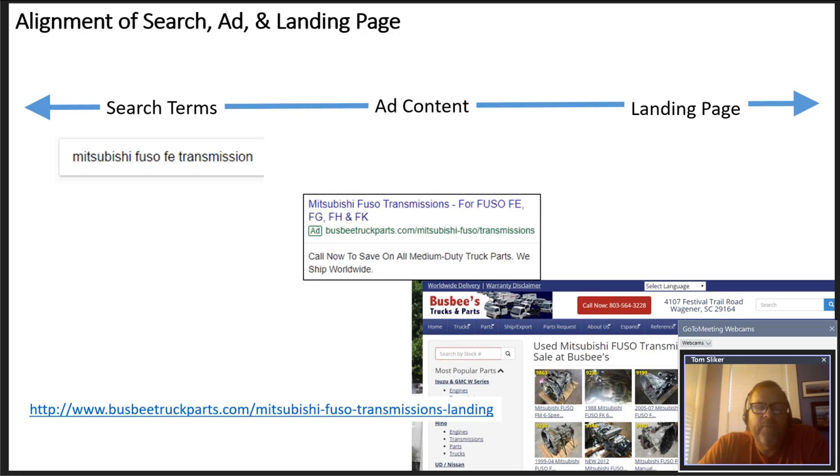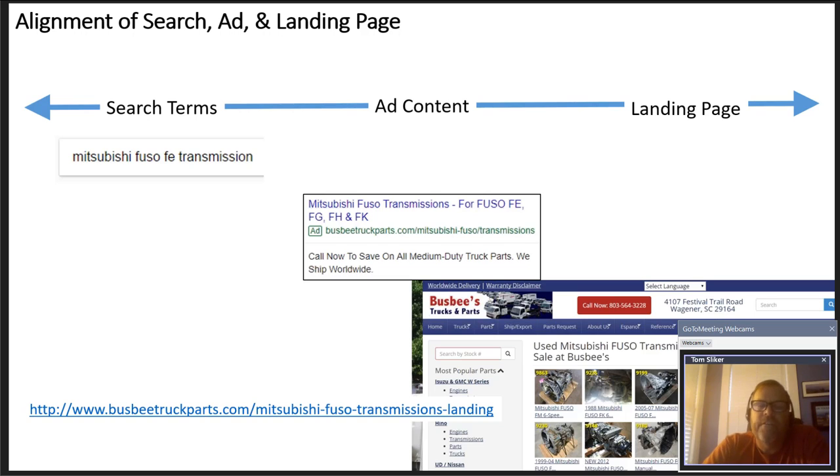So we've got pretty much all of the words from this search showing up in our title. And that's really good. Also, if you look at our URL, it goes to Mitsubishi Fuso /transmissions. I mean, it's a perfect match on the URL. And so that's a really good thing.